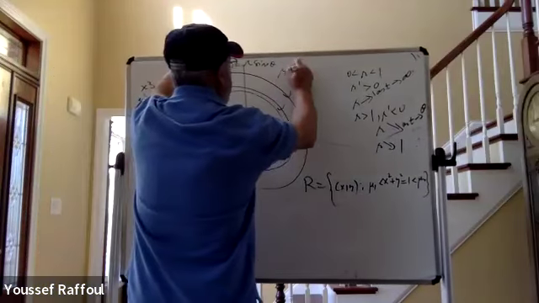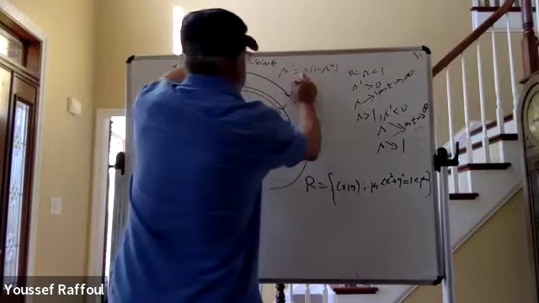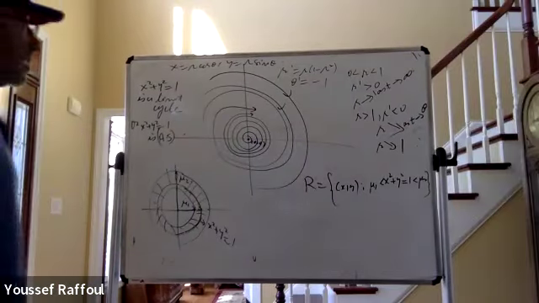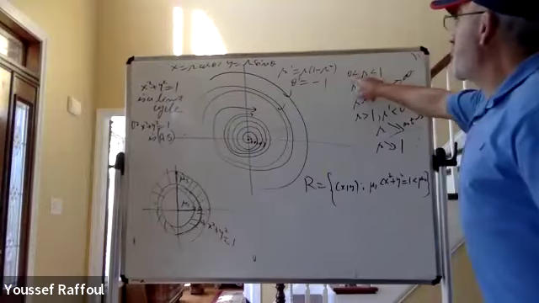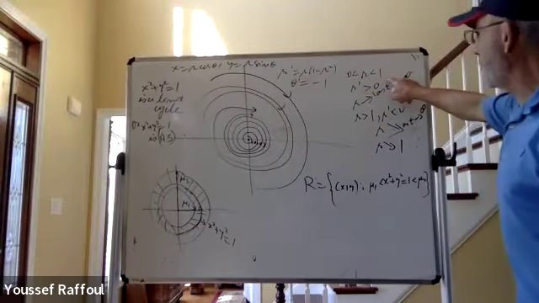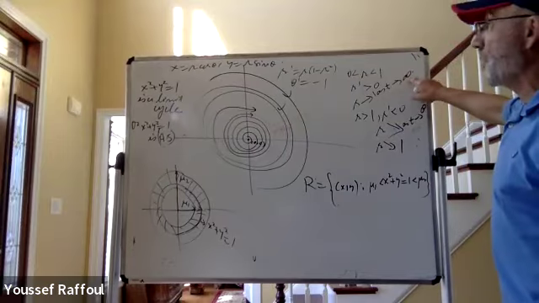It turns out to be r prime equals r(1 minus r squared), and theta prime equals -1. For r between 0 and 1, r prime is positive, and r goes to 1 as t goes to infinity.